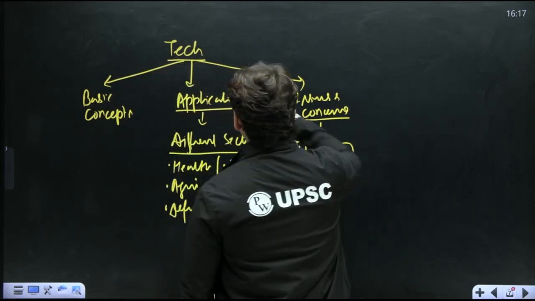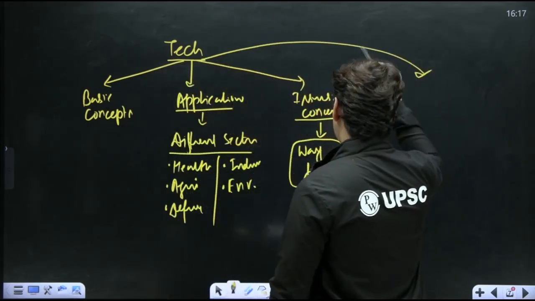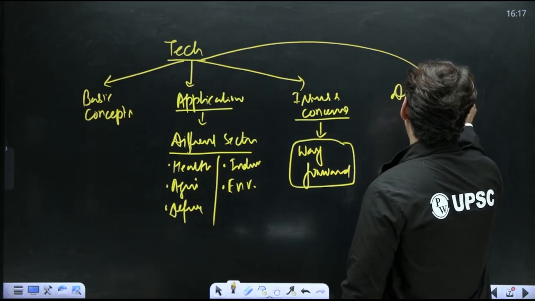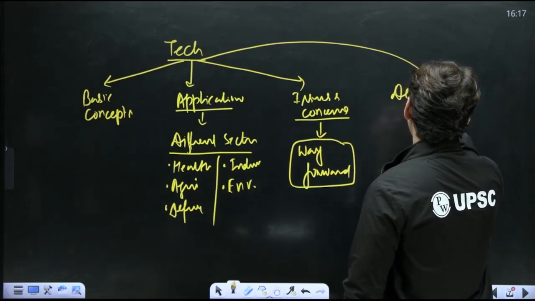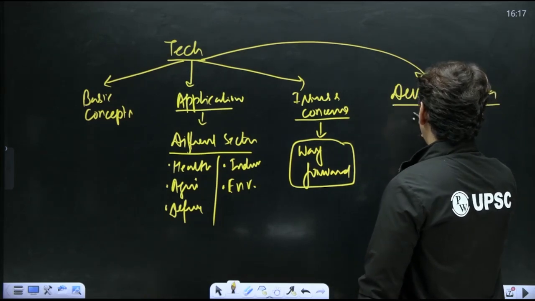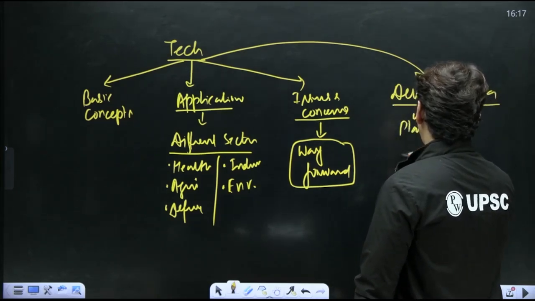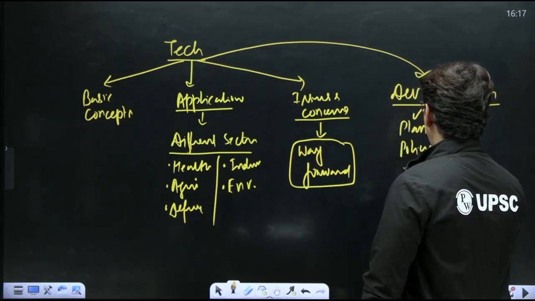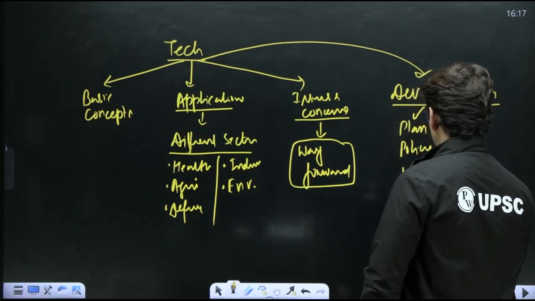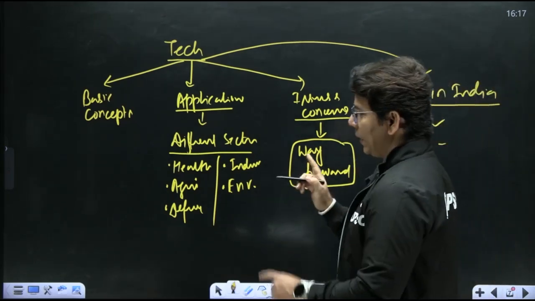Moreover, the last section is development of technology, development in India. So any plan, any policy, any law, any mission for that matter, if it is there, we have to take care of it.